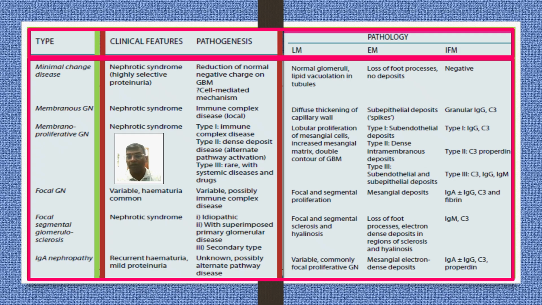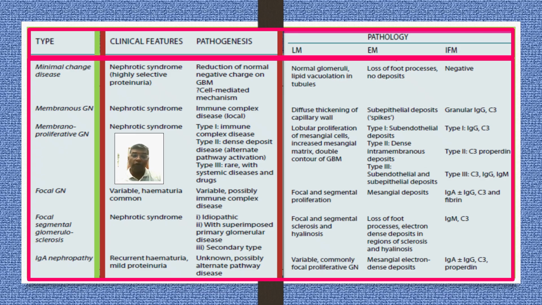So when compared to minimal change disease, here diffuse thickening of the glomerular capillary walls will be there, and there will be subepithelial deposits, shown under the electron microscope as spikes. Coming to immunofluorescence microscopy, granular IgG and C3 deposits can be seen.